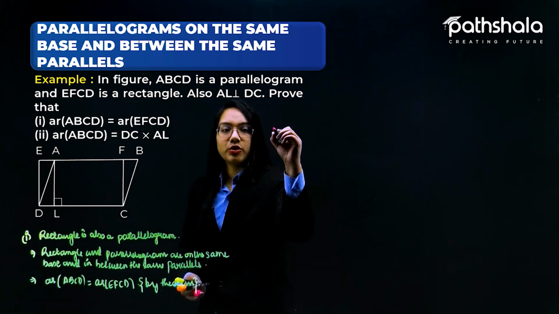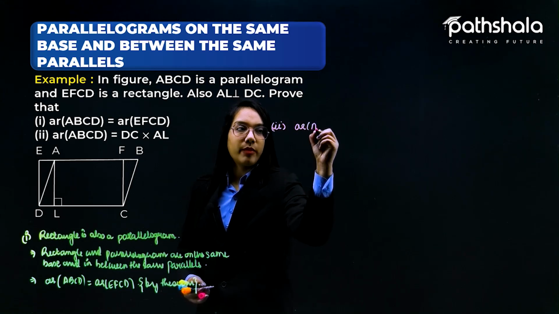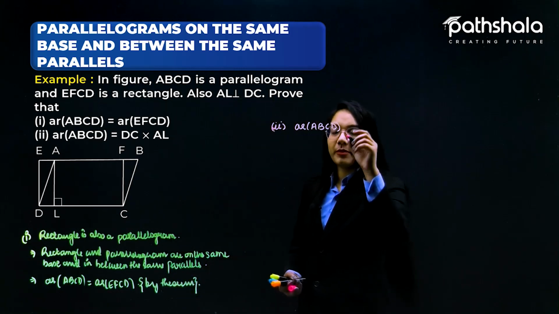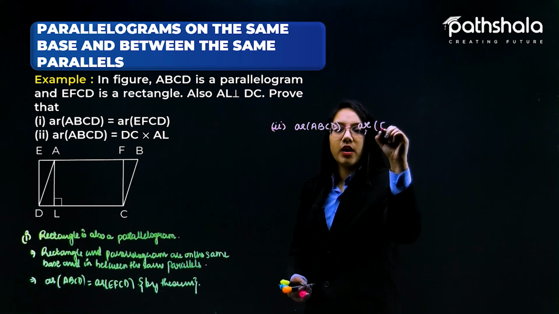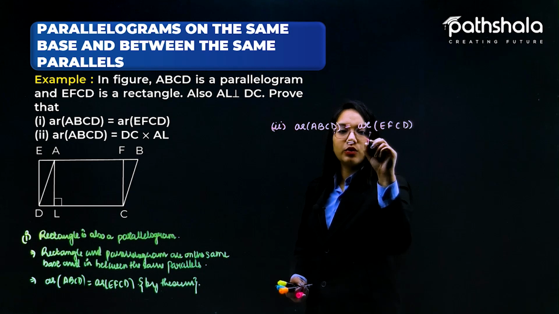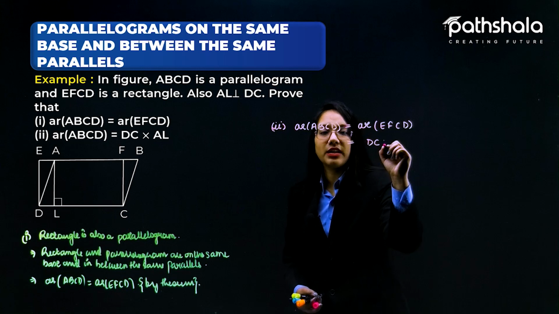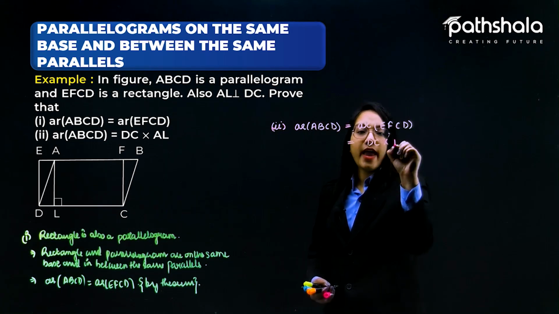Now, talking about the second fact, we have to prove that area of ABCD is equal to DC into AL. First of all, from the very first part, we know that the area of ABCD is equal to area of EFCD, which is equal to length into breadth, meaning DC into FC.